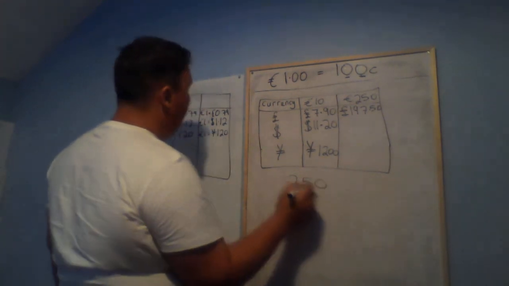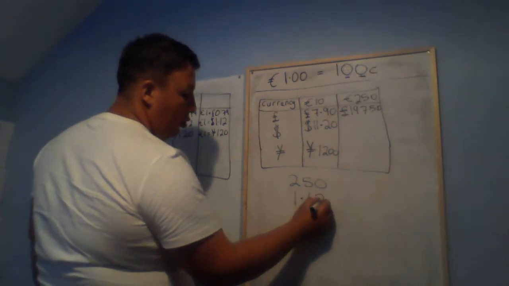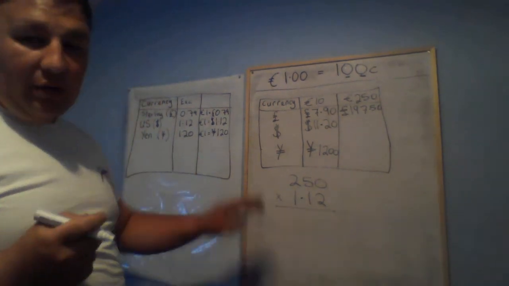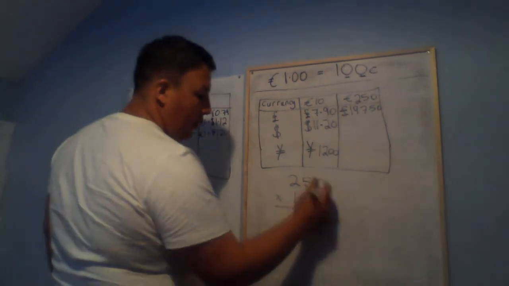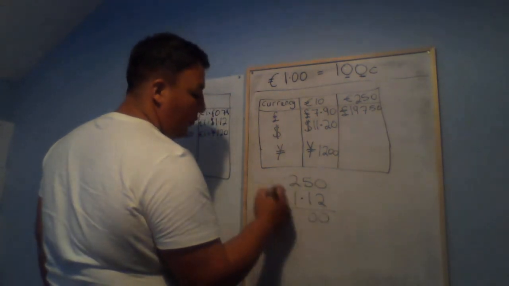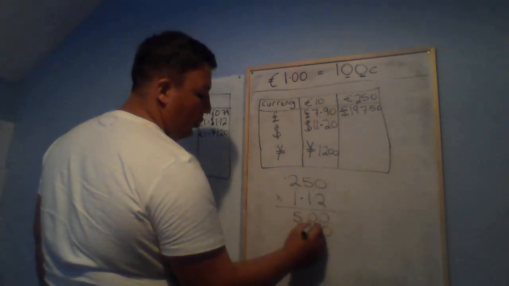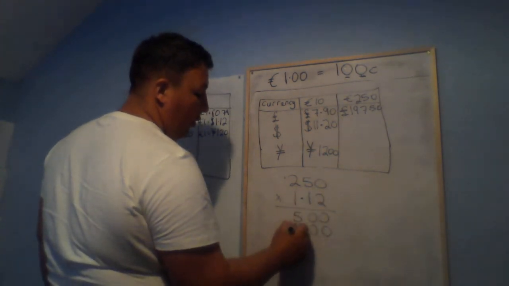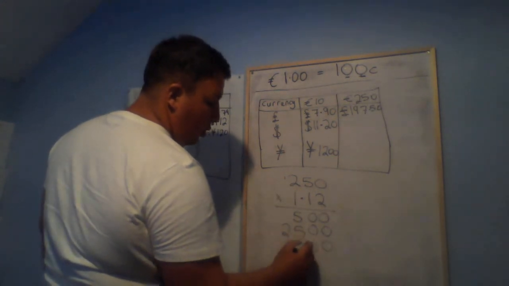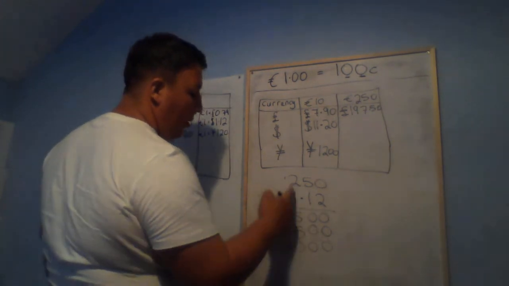Alright, 250 multiplied by 1.12. Now, even though I put in the decimal point there, just forget about it until the very end, alright? So 2 zeros 0, 2 fives are 10, 2 2 4 and 1 is 5. Okay. 0, 1 0 is 0, 1 5 is 5, 1 2 is 2. 2 zeros, 1 0 is 0, 1 5 is 5, 1 2 is 2.